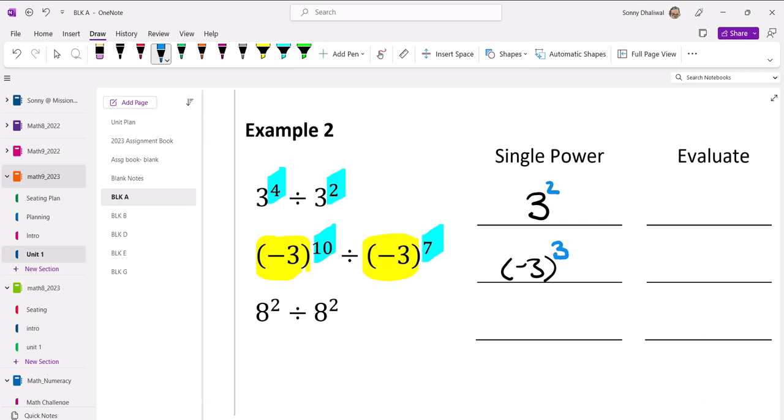Okay. Next one. What should the base be? What should the exponent be? Just follow the rules. Gabriel? The base would be 8. Correct. What about the exponent? It wouldn't be there.